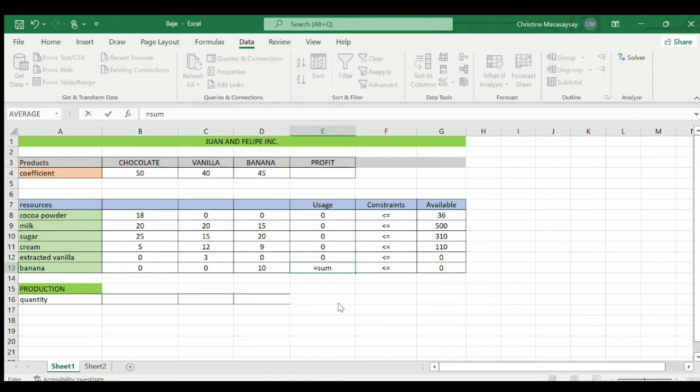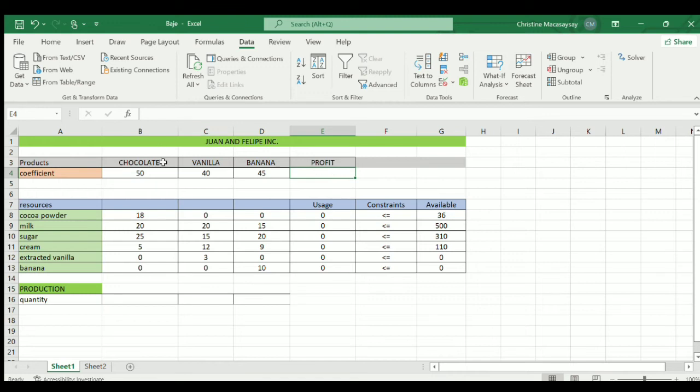And now as you can see, the usage or the functions have 0 answer. So 0. And after that, we're going to input or find the profit from the productions and coefficients.